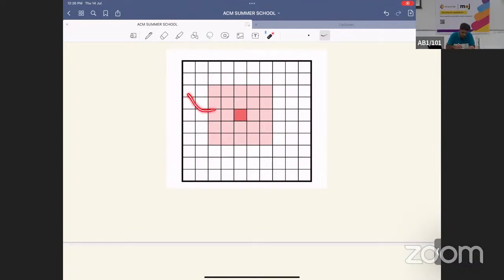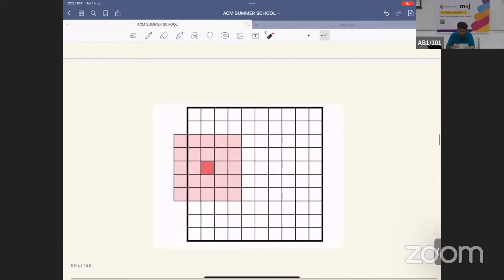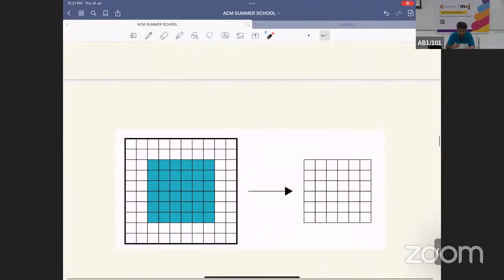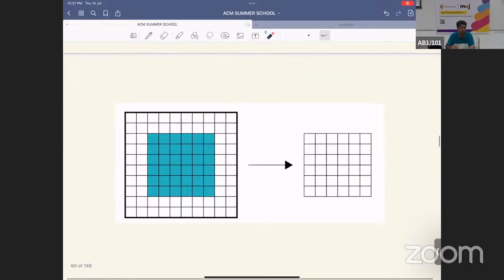Suppose you keep it only when it is fully within the input, then you will lose some dimensions, 2 here, 2 here, 2 here, and 2 here. So what you need to do is pad some zeros so that it doesn't go out of it. You normally pad to whatever amount you are losing, and then you keep all the filter area, and the output will be of the same size as the input.